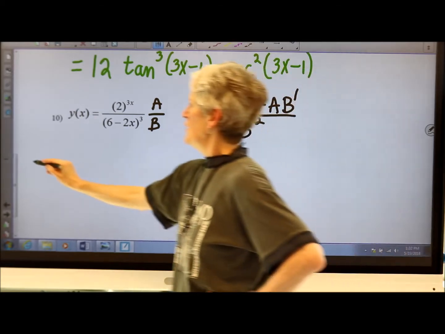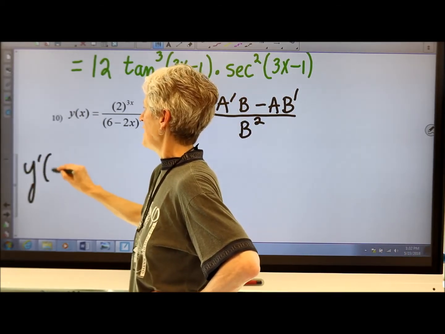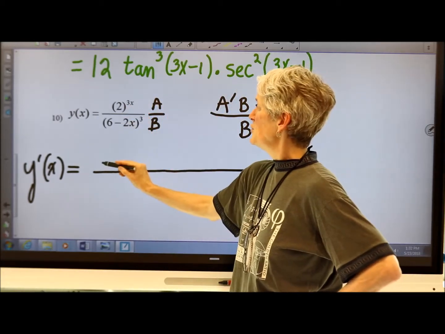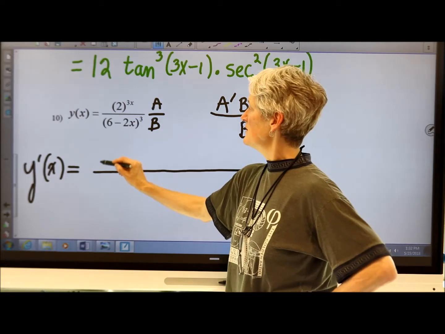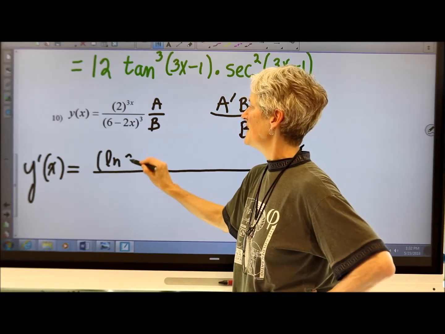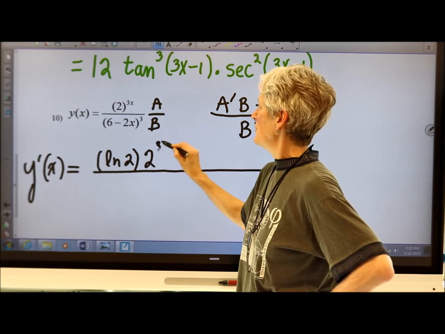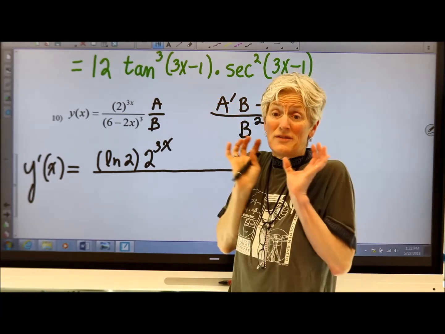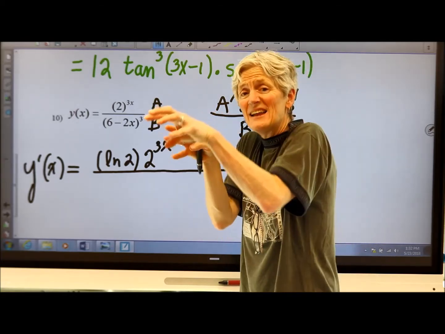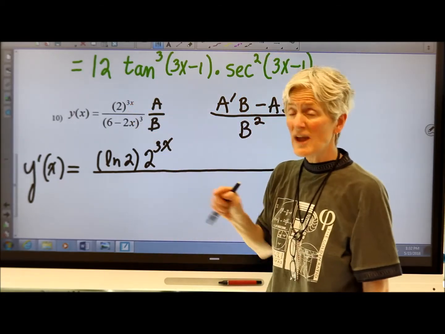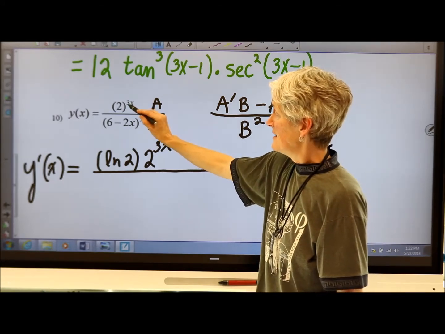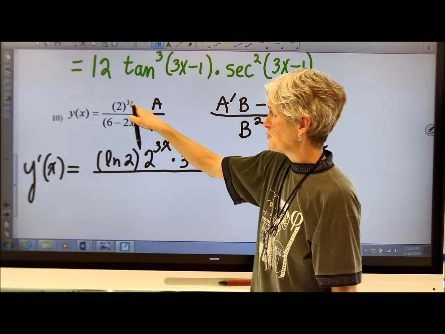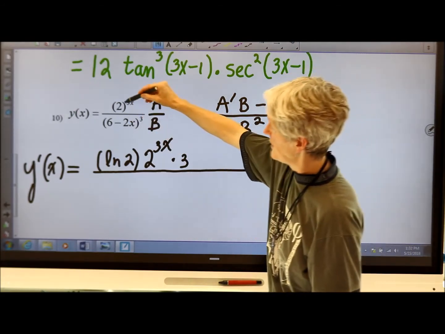Here we go. The derivative of y of x is y prime of x. The derivative of my numerator: that's an exponential function, so it's going to be the natural log of the base times that exponential function as is. Hey, that's not 2 to the x, it's 2 to the 3x. I put something inside that exponential function. So the chain rule kicks in times 3, right? 3 is the derivative of the inside, in other words, the derivative of the exponent.